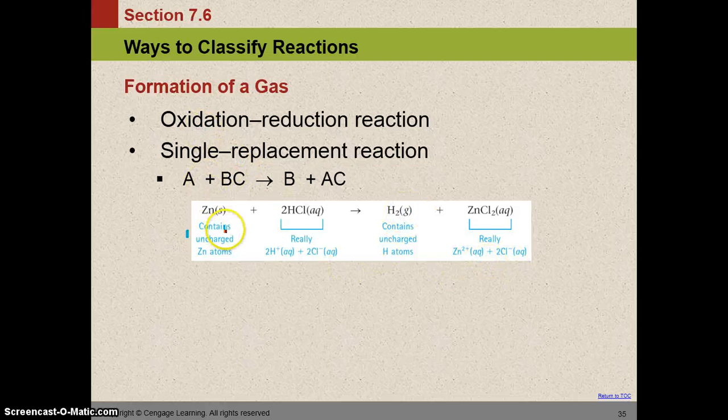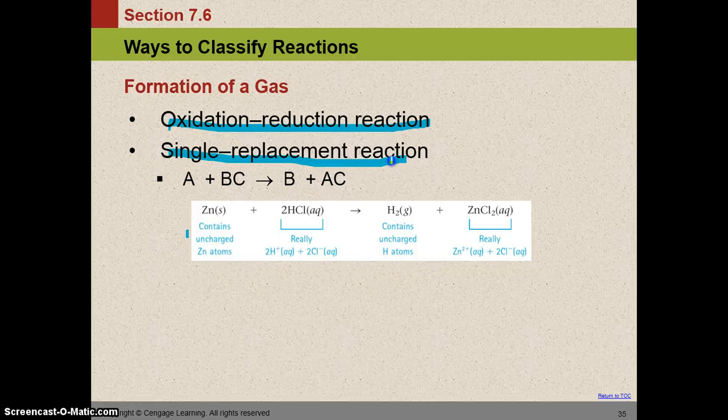So we have a zero charge going to a +2 because it reacted with the chlorine. And we have 2 that have charges here, and the hydrogen goes from a +1 charge to a charge of 0. It's uncharged. So this is a redox reaction because it is changing charges on some of the elements involved.